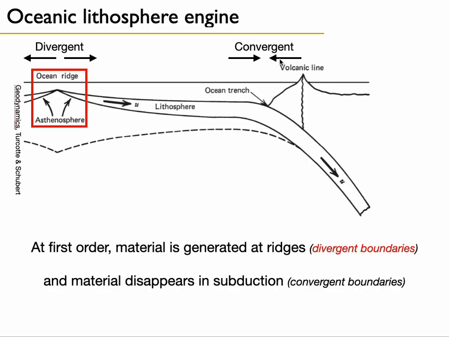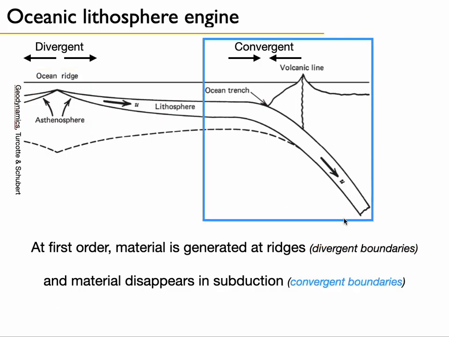This is a convergent margin, so the material is converging at this boundary, and the lithosphere is sinking down in the mantle. So at first order, the material is generated at the ridges, the divergent boundary, and it is then consumed, or dives into the mantle, in the subduction zone, the convergent boundary.